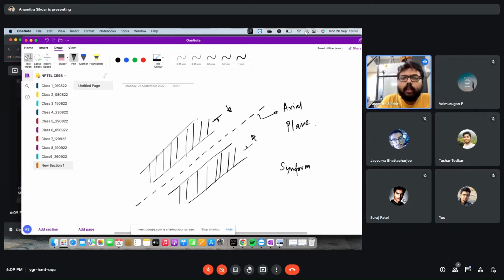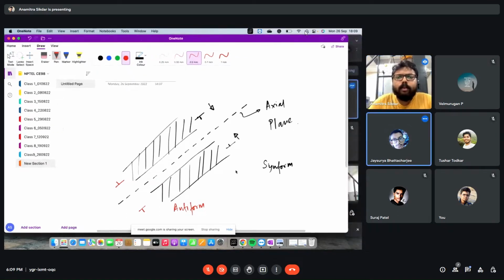Okay, and if the dip of the bed is away from the core like this, right, then we say antiform. So this is the technique. Mostly people use this technique, looking at the marks. If the marks are towards the core, then we say this is a synform, and if it's away from the core, we say these are antiforms. Is that clear?